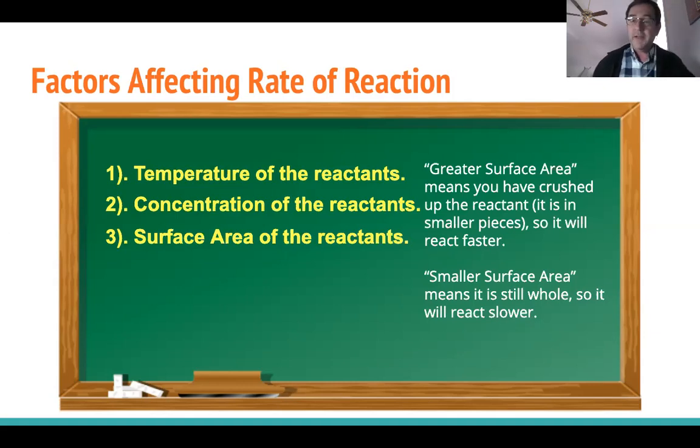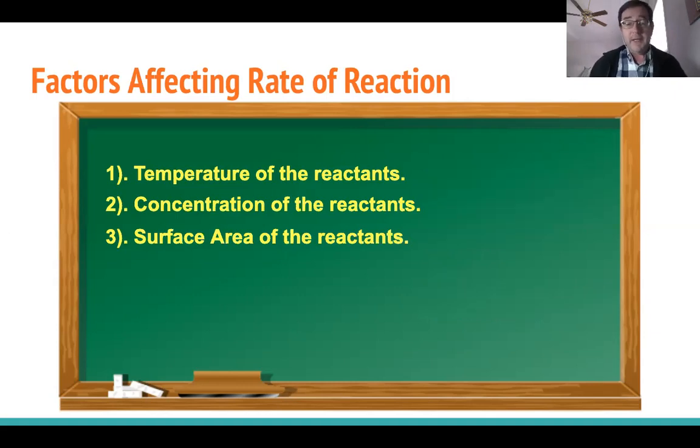That's because if you dump a tablet in whole, the chemical reaction has to occur from the outside working in. The particles on the outside of that tablet have to slowly be dissolved and react in order for the stuff inside to be exposed. Whereas if you crumple it up, break it into pieces and dump it in, it's going to react faster. We'll take a look at that lab in a second.